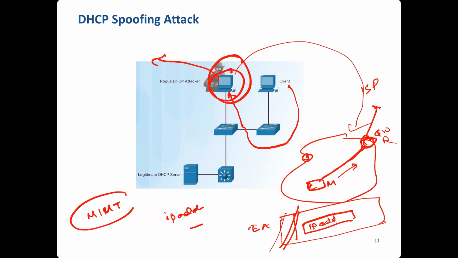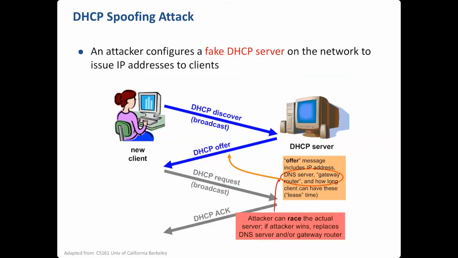Okay, so what happens is that this new client requests with a DHCP discover, because it wants to know its IP address, gateway router's address, etc. And the genuine server will respond. This is the correct server, or a true server.